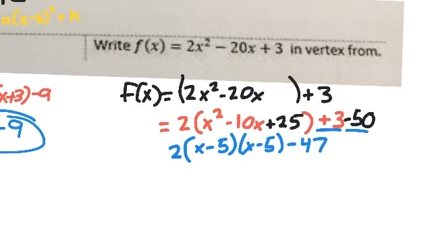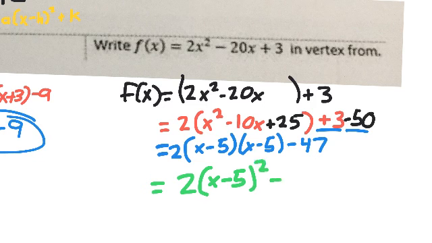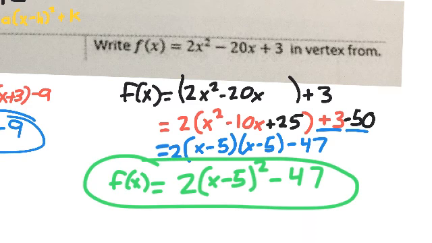And so then again, we rewrite this. x minus 5 times x minus 5 is x minus 5 squared minus 47. And so the vertex form, as they typed in this sheet of paper, the vertex form is 2 times x minus 5 squared minus 47.